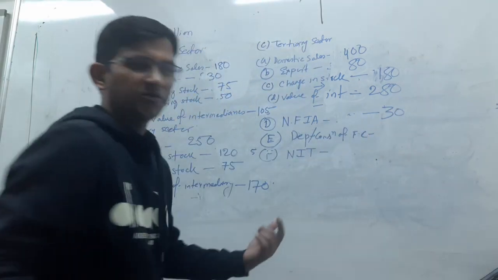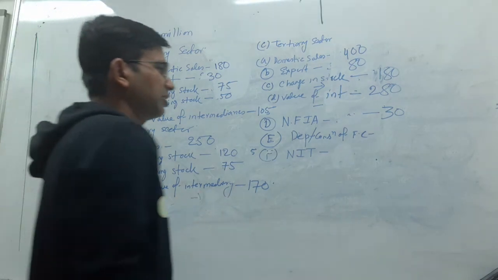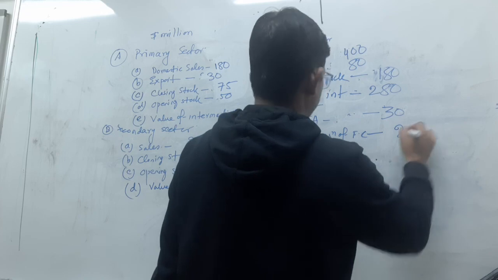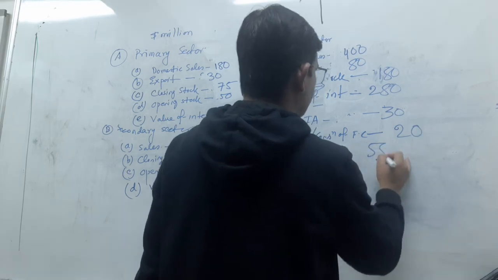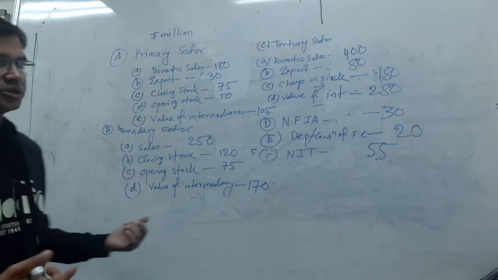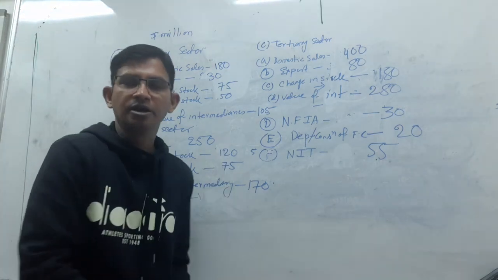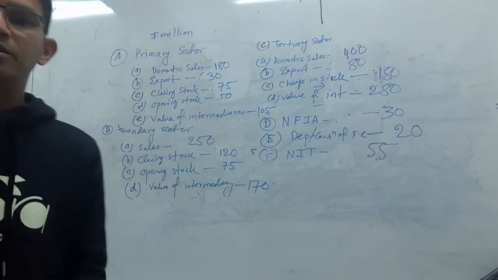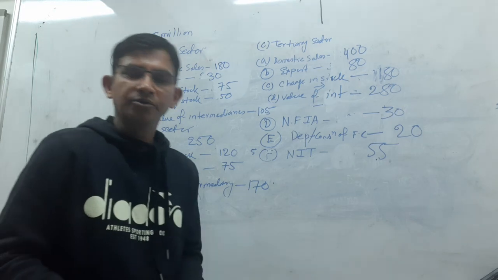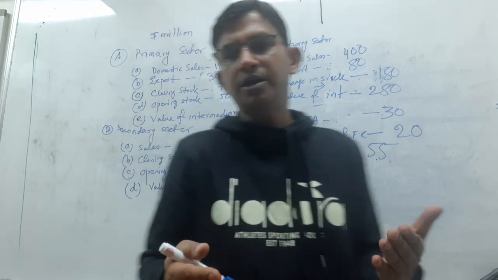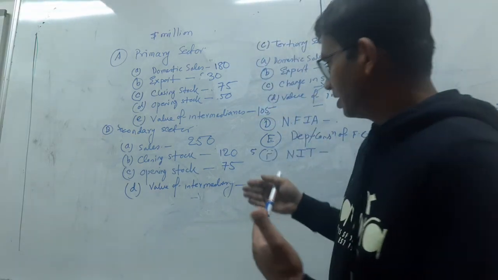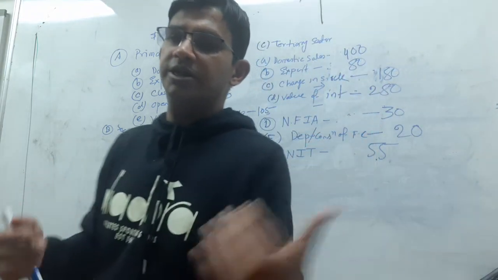I have given here NFI negative; NFI can be positive, can be negative; and depreciation. So you can try to estimate national income from this set of data. Okay, so this is how you estimate the national income of a country with the help of the value added method, and this is one exercise for you.